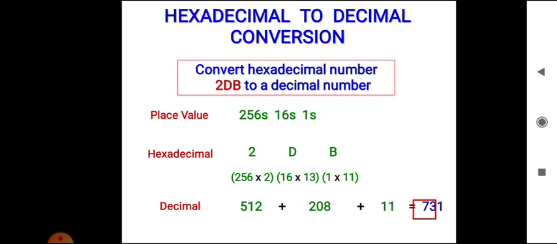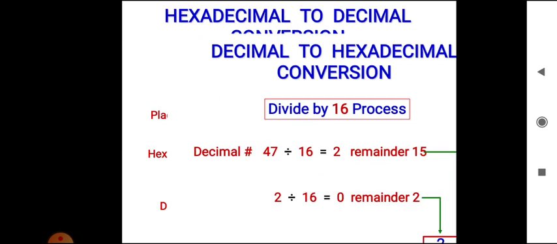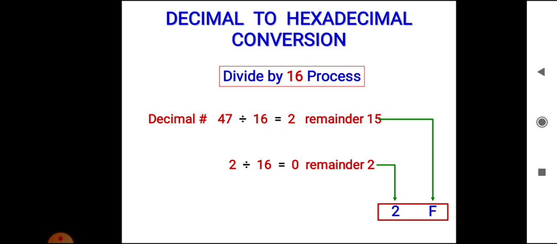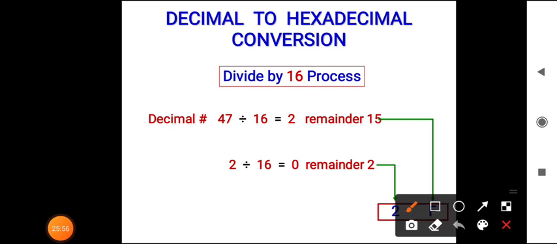So 2F is the value of the hexadecimal. So this is the conversion of decimal to hexadecimal.